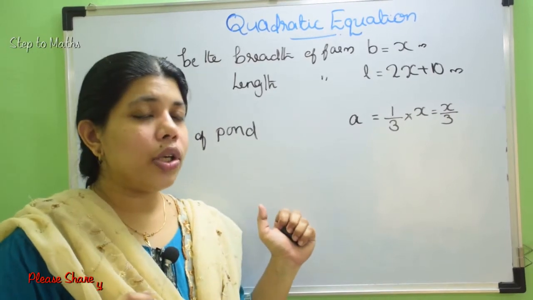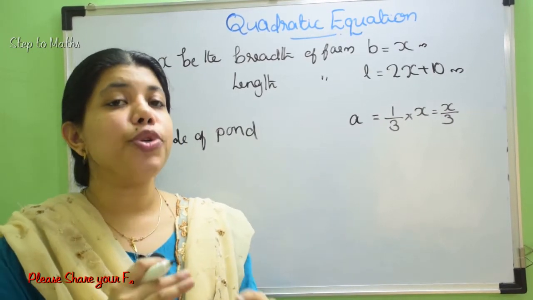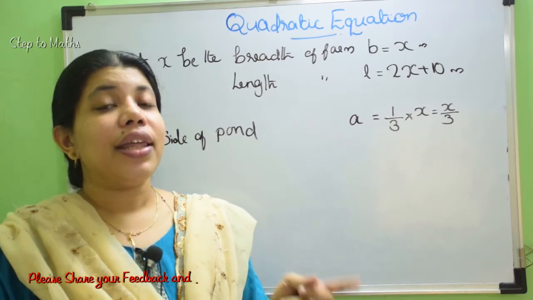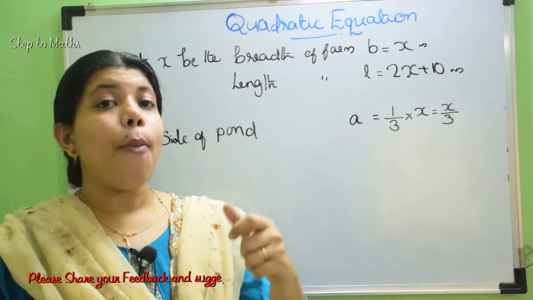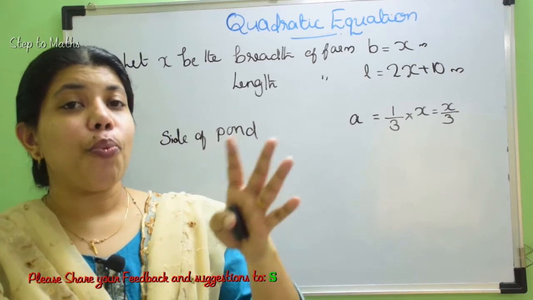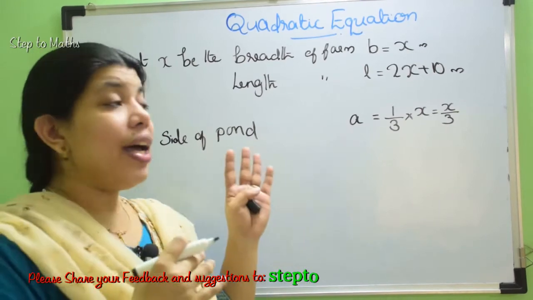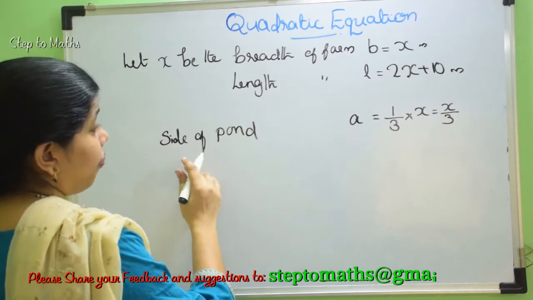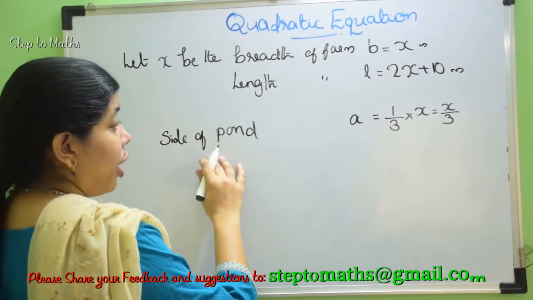Now what is given in the question? The relation between the area of farm and pond. The area of the farm is 20 times the area of the pond. Then what is the area of the pond?